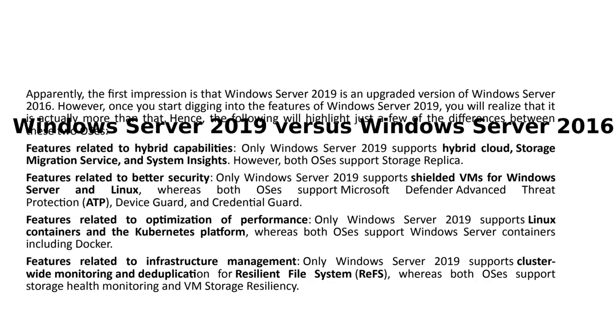Also for optimization and performance, Windows 2019 supports Linux containers and Kubernetes platforms. It also has features related to infrastructure management. Windows 2019 supports cluster-wide monitoring and deduplication for ReFS.